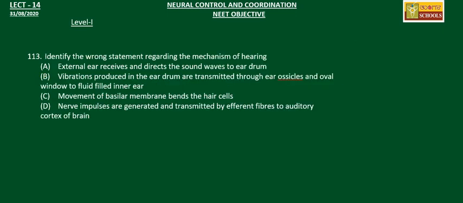So the next question, identify the wrong statement regarding the mechanism of hearing. External ear receives and directs the sound waves to eardrum. Yes, here the external ear, which includes the pinna, collects sound waves and directs them into the auditory meatus, which ends with the tympanic membrane.